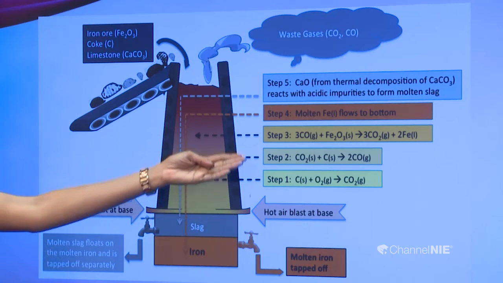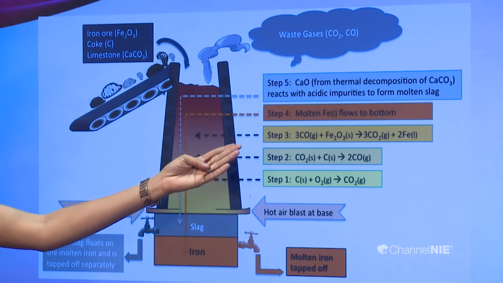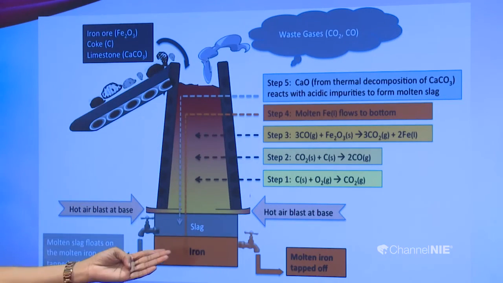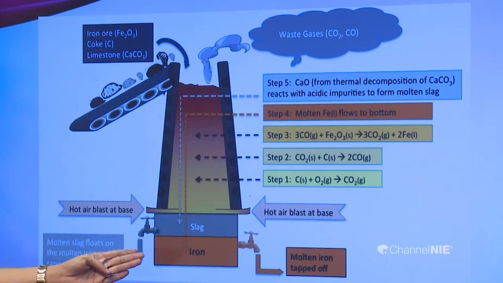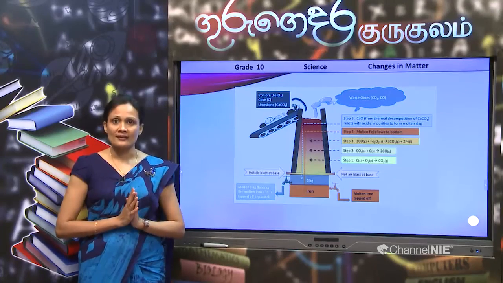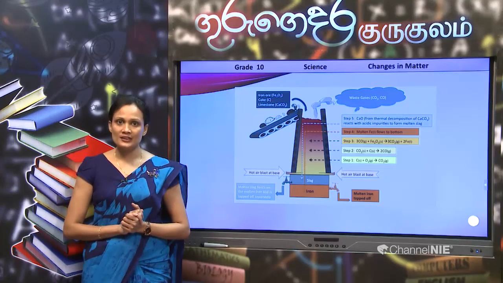So these are the reactions that occur inside the blast furnace. Finally, the molten iron flows to the bottom and slag floats on the iron. Then we separate iron and slag from the blast furnace. That is the way we extract iron from its compound using the blast furnace.